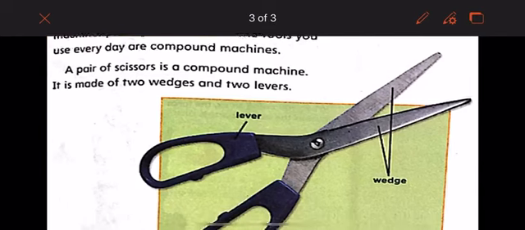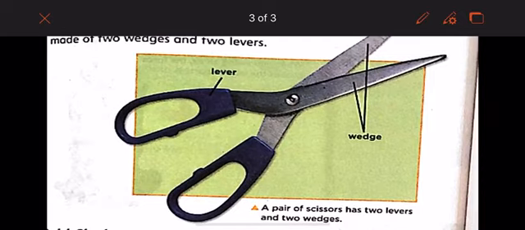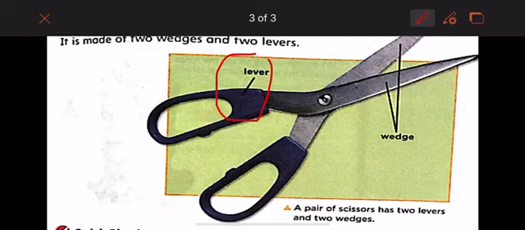A pair of scissors is a compound machine. What do you mean, teacher, that a pair of scissors is a compound machine? So it is made of what? Look here. It's made of levers and wedges. These are wedges. Wedge means the sharp tool.